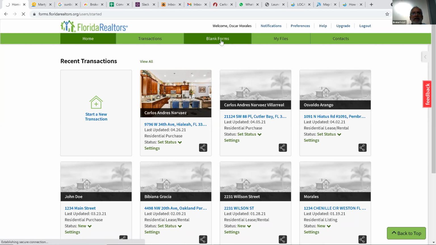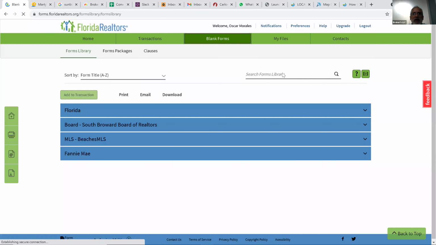So when you open the form, look for exactly that specific form. Let's check form. Exclusive.